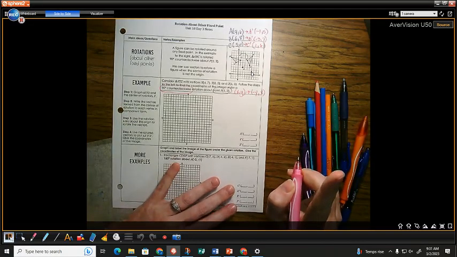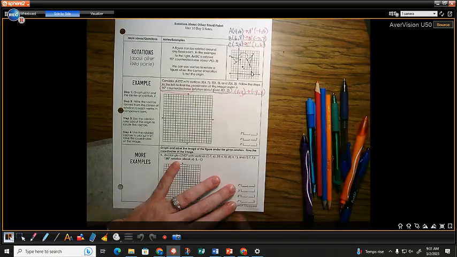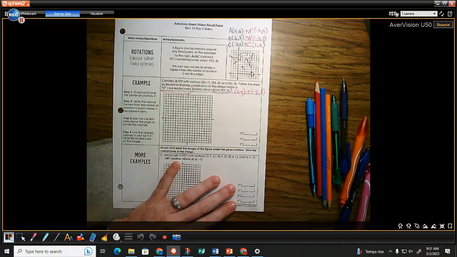What's my only problem? Do you see any vectors here? Did they tell me any vectors? No. Could I graph the vectors? Probably. Do I need to graph the vectors? No. Remember, with vectors, you can just do the math.